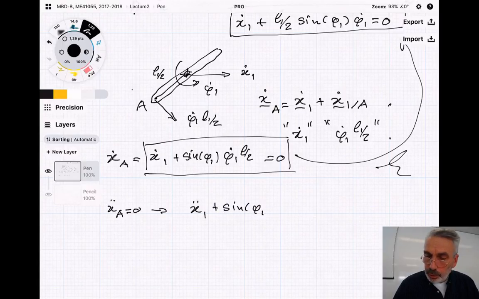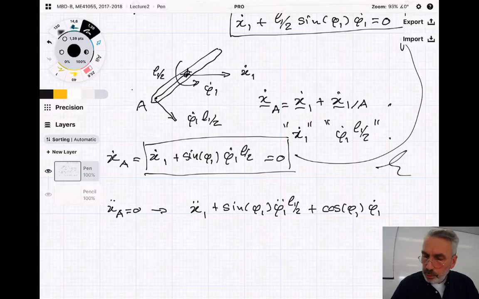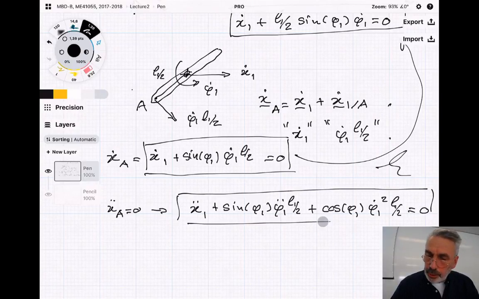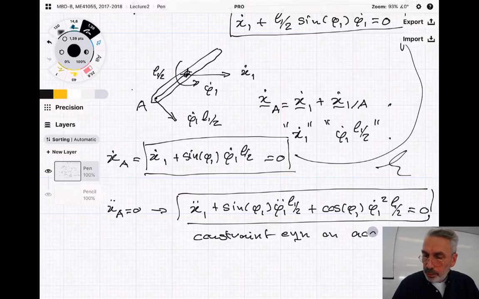Sine phi 1, so I keep this constant, I differentiate this, L1 over 2, and now I do this part, plus cosine phi 1 phi dot 1 squared L1 over 2. Now this should be 0, and this is finally our constraint equation on the accelerations.